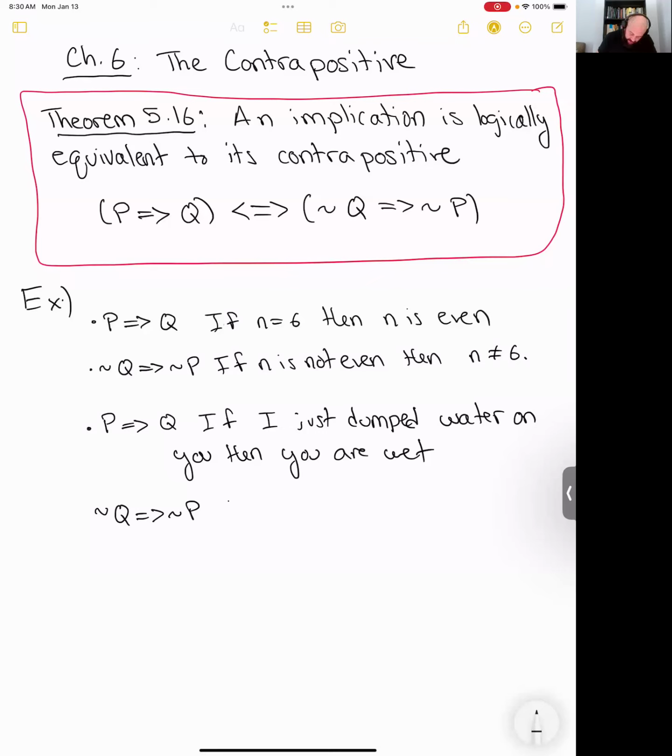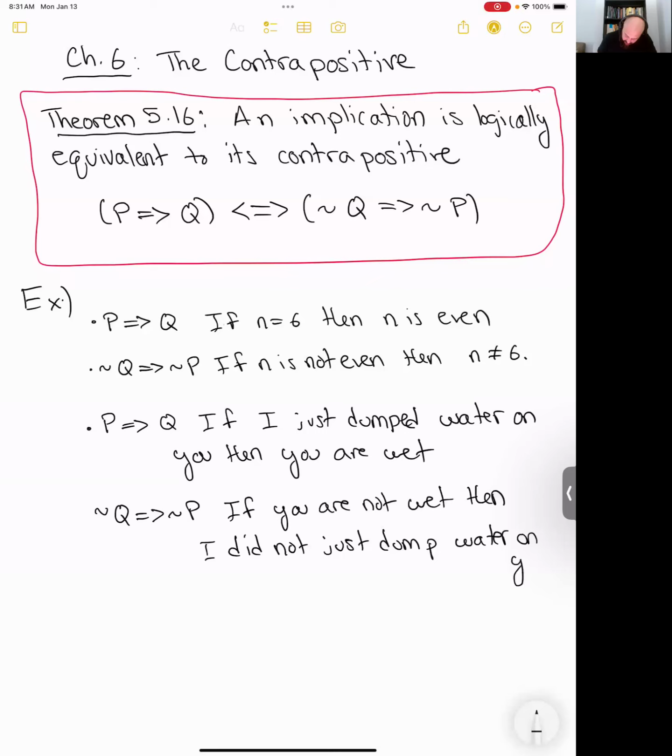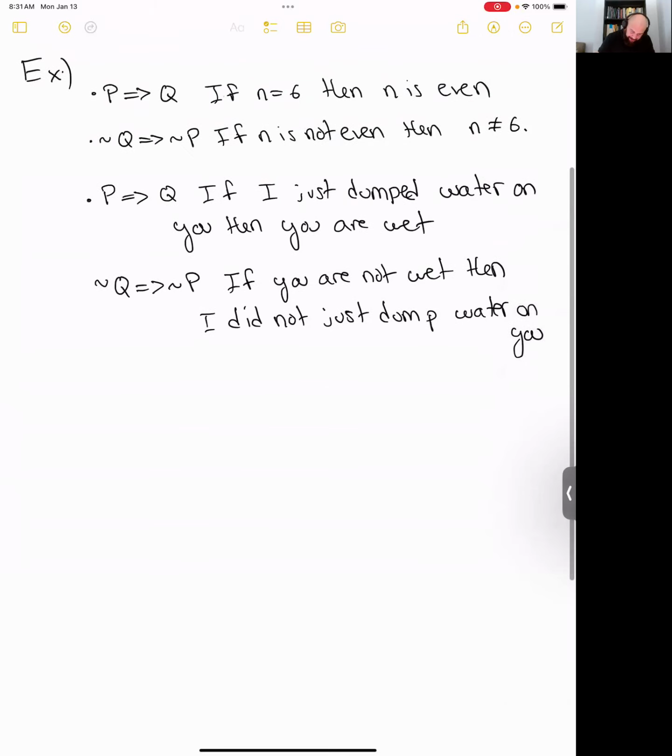So then the contrapositive would be if you are not wet, then I did not just dump water on you. Okay, simple enough. Let's look at some other examples that are more math focused.